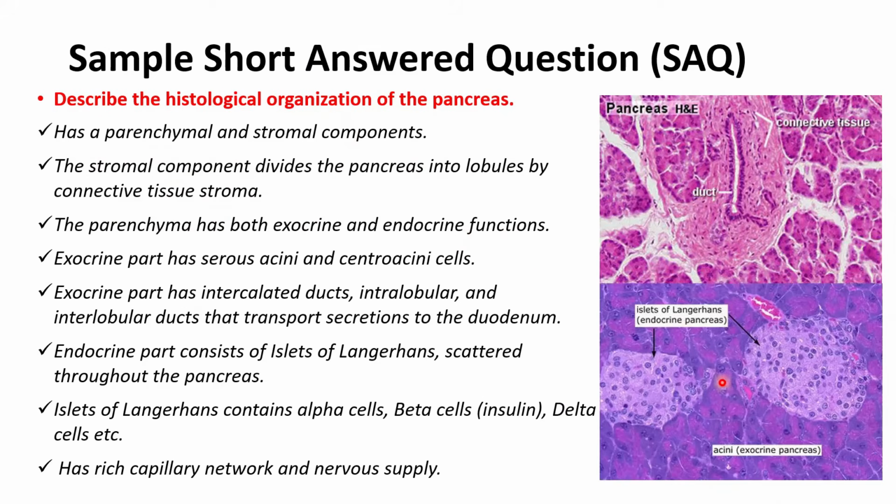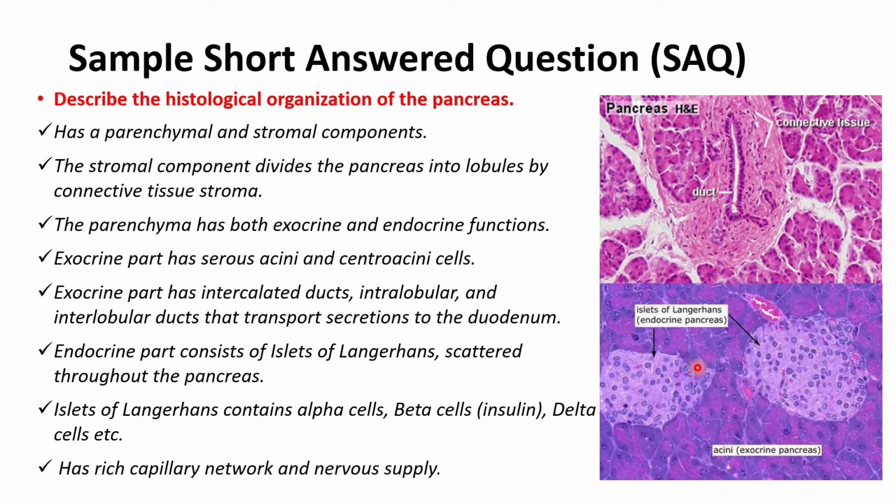In this image, this lighter staining part is the endocrine part of the pancreas, usually known as the islets of Langerhans. The other part that you can see here is the exocrine part of the pancreas.